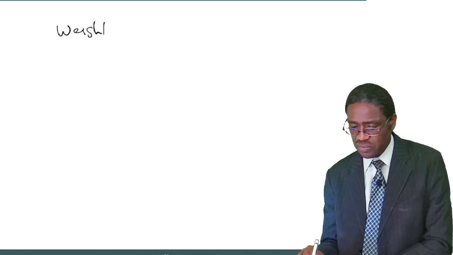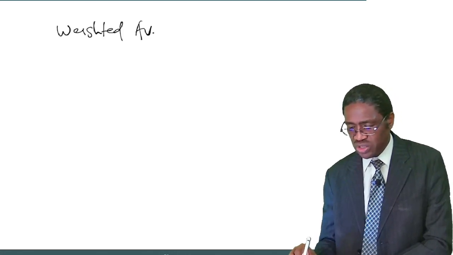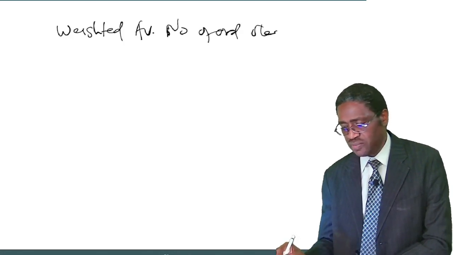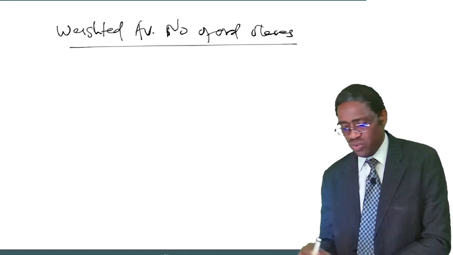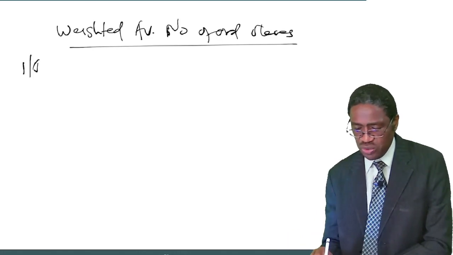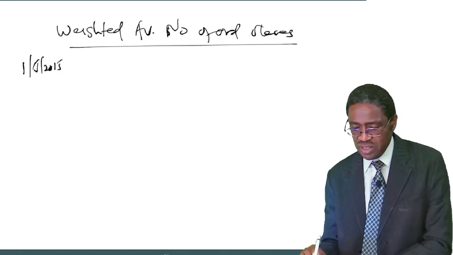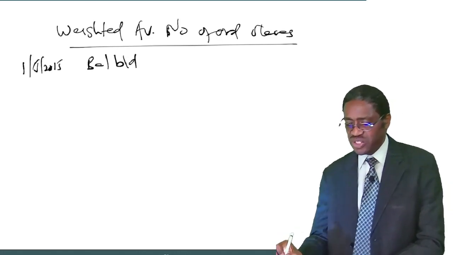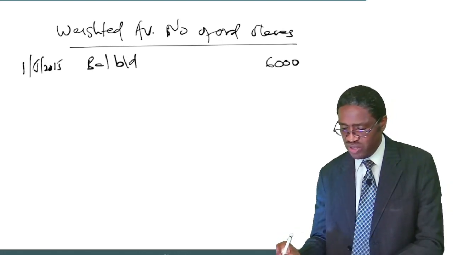We are computing the weighted average number of ordinary shares. We come and say 1st of June 2015, balance brought down. We began the year with 6 million. That one you can push it to the extreme.